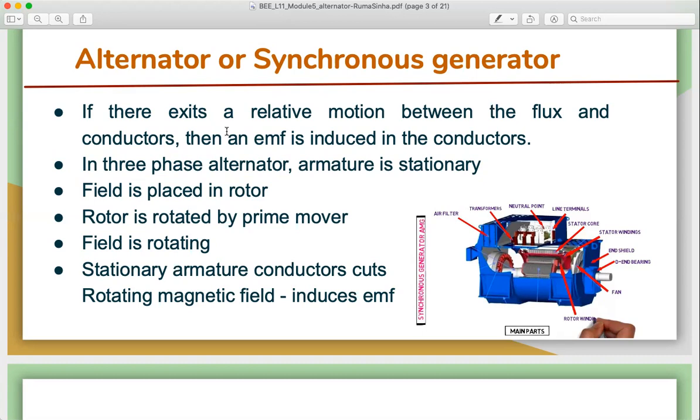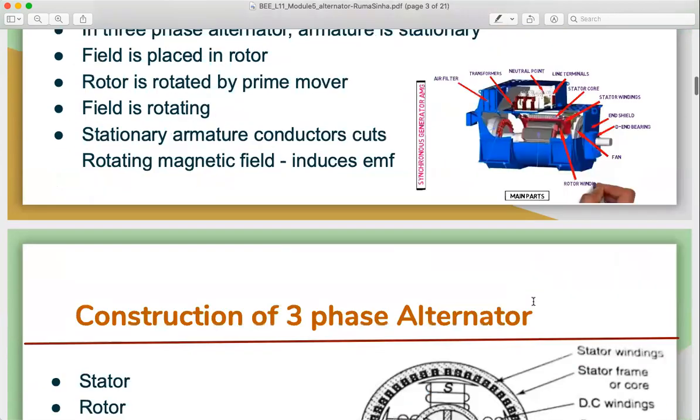So when the magnetic field is rotating and the armature conductor is stationary, there is a relative motion between this armature conductor and this rotating magnetic field, so we will have EMF induced in the stationary armature conductors. This is the basic working principle of the synchronous generator. So this is a cut section of a synchronous generator. We will see this construction in detail.